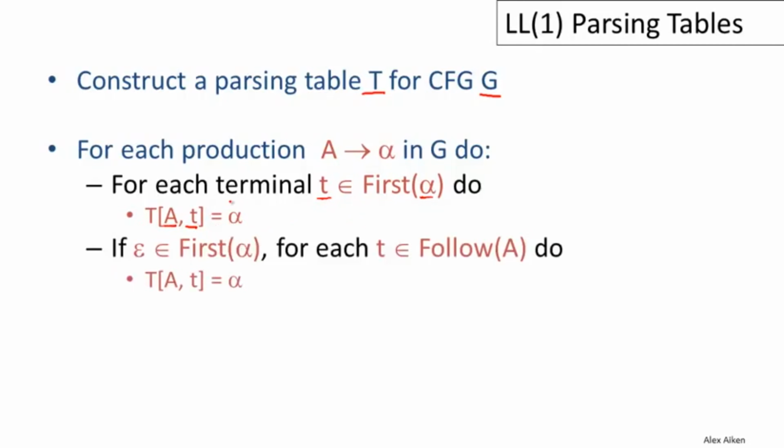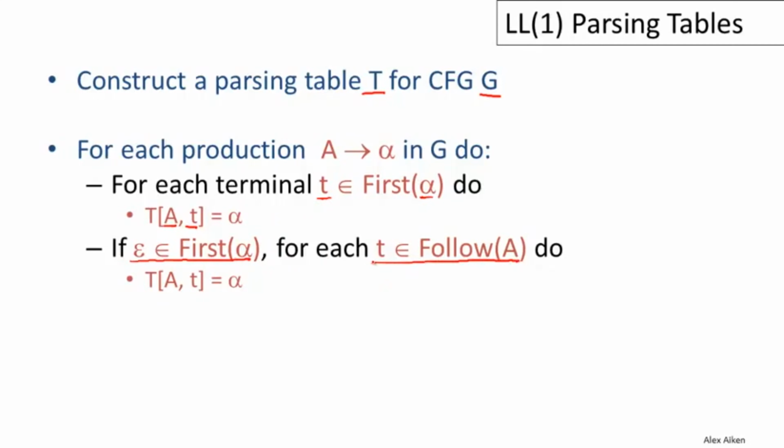All right, the other situation that we're interested in is what if we need to get rid of the A? So if the A cannot possibly match the T, so let's say the T is not in the first of alpha, or we have some other situation where we want to erase the A, well, then it would be okay to use production A goes to alpha, provided that alpha can actually go to epsilon, so alpha can go away completely, so we can eliminate all trace of the A. And T follows A in the grammar.